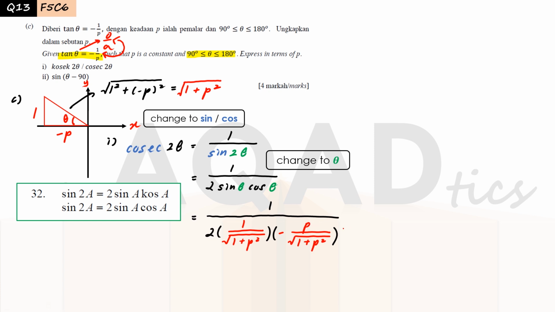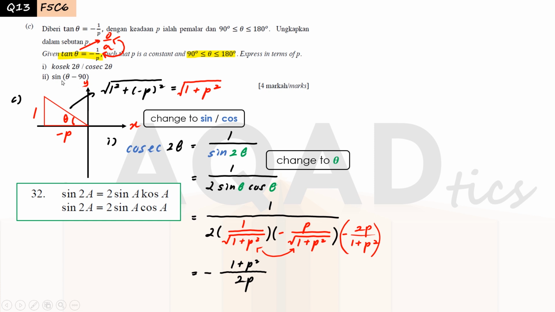The numerator will be negative 2p, and for the denominator, because we are multiplying the same value and both have square roots, the square root will disappear. So we are left with 1 plus p squared. Now this fraction is in the denominator, so we move it to the numerator by flipping their places: 1 plus p squared is on top, 2p is at the bottom, and don't forget the negative. So this will be our answer.